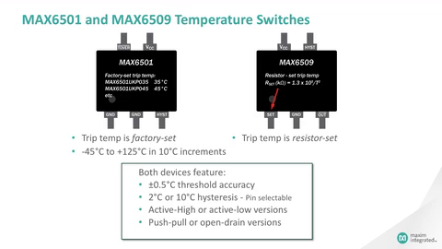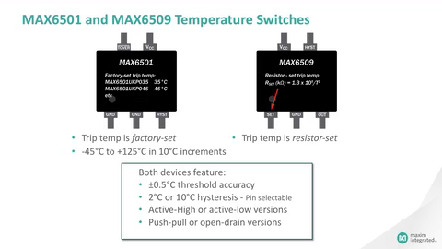The MAX6501 and 6509 are two popular temperature switches. The MAX6501 has factory preset thresholds. While the base part number is MAX6501, it is available in over a dozen versions or part number variants. Each variant has a different temperature trip point.